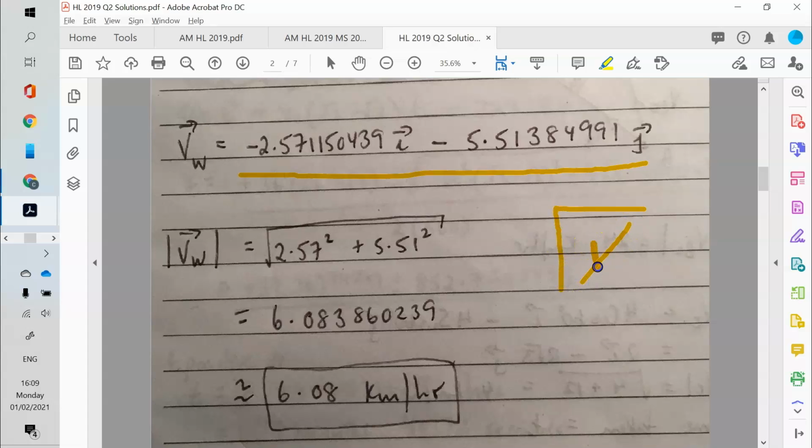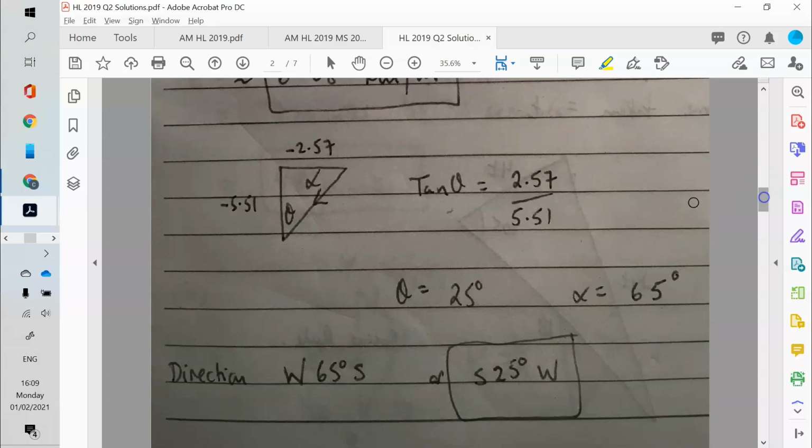Our wind's actually heading down kind of off in the southwest direction. We need to figure out exactly what angle that is at. So we can use the tan function, and we get tan is 2.57 over 5.51, which will work out to be approximately 25 degrees.